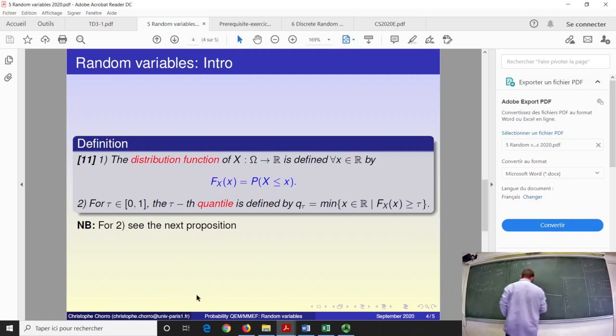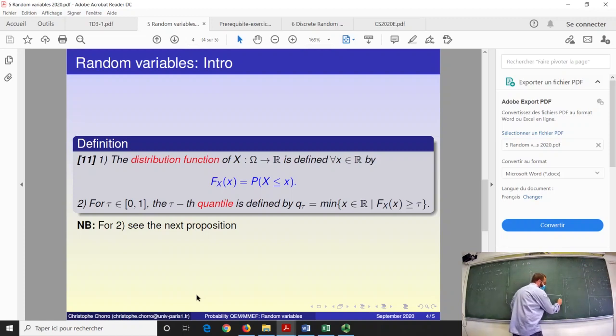So I am interested in the probability that the indicator function is less than small x, and I want to compute this for any small x. In fact, I have only 3 situations. What are the possible values for my indicator function? 0 or 1.